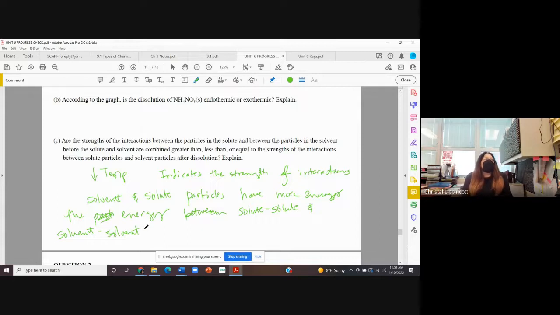So when it asks, are the strength of the interactions between the particles and the solute, between the particles and the solvent, greater than, less than, or equal to the strength of the interactions?